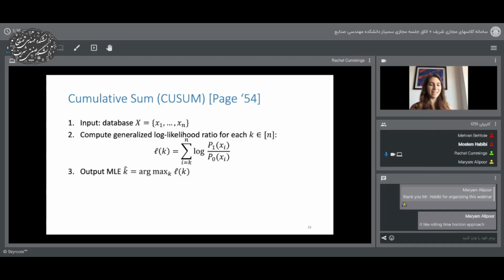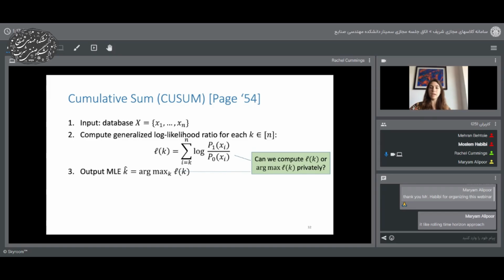How likely is it that K is a change point given the observed data? And then you just output this maximum likelihood estimator K hat, which is the K that has the largest likelihood. It's very simple.